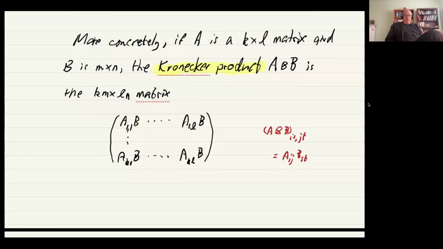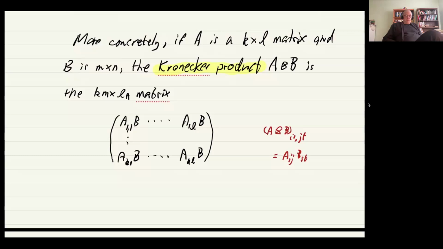But anyway, your point of view could well be that this matrix is just a vector. I'll come back to that in a bit. And so the Kronecker product, this is just a straightforward operation. You replace the ij entry of A by the ij entry of A times the matrix B. So you take two modest size matrices and you get a big matrix.